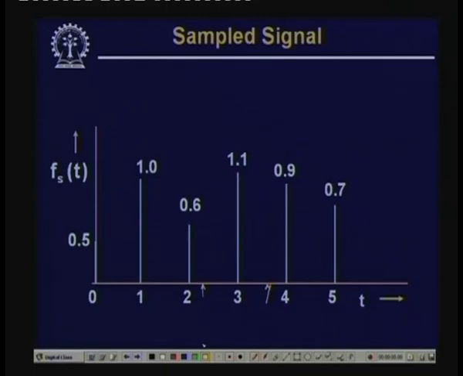So, the purpose of signal interpolation is, by using the sample values at these discrete locations, to reconstruct or approximate the value of the function f(t) at any arbitrary point on the time axis. That is the basic purpose of the interpolation operation.